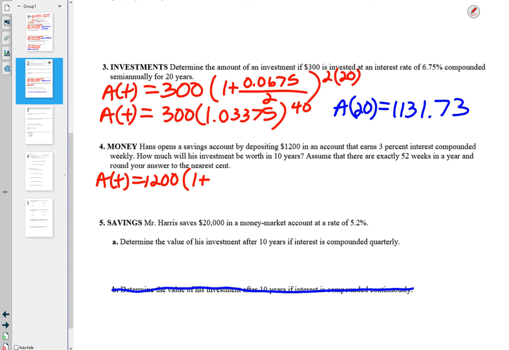How do you write 3% as a decimal? 0.03. And if you read on, they end up telling you, but even if they were not to tell you, it's not exact, but it's pretty close. How many weeks are there in a year?